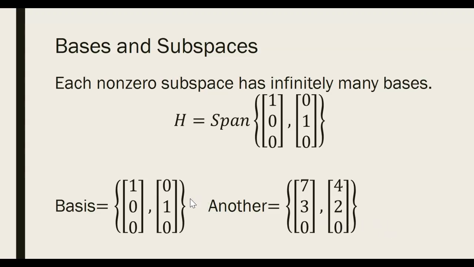And so any matrix equation which is solvable using this first basis is also solvable using this second basis. I said that poorly. Don't think about the row reduction.